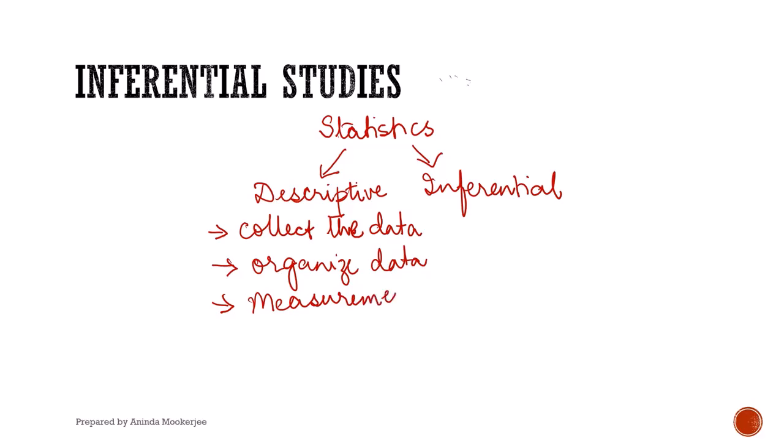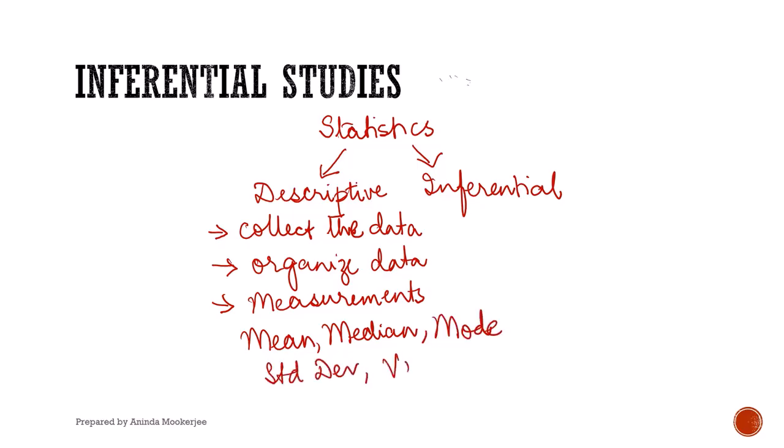All right? And the measurements that we take give us the mean, the median, the mode, the standard deviation, variances, and so on. So all these three steps comprise what's called descriptive statistics.